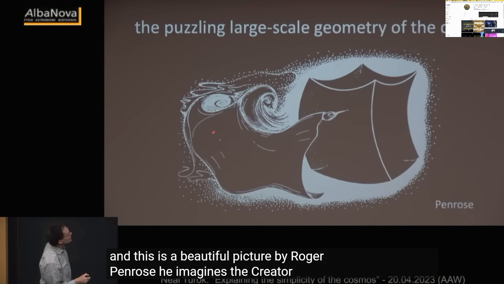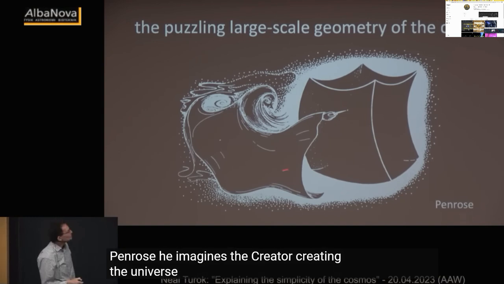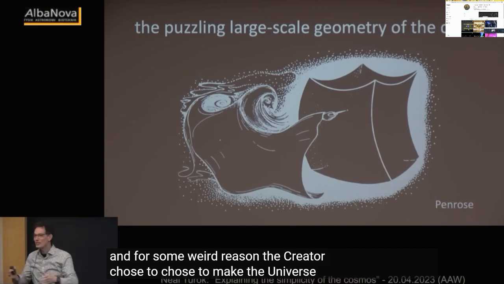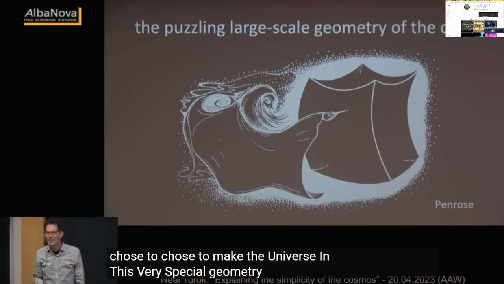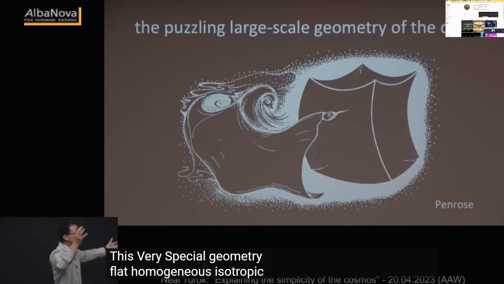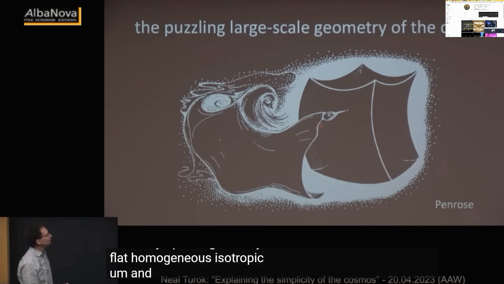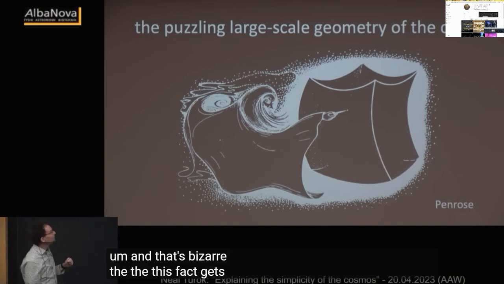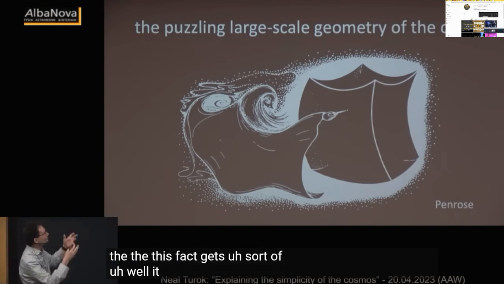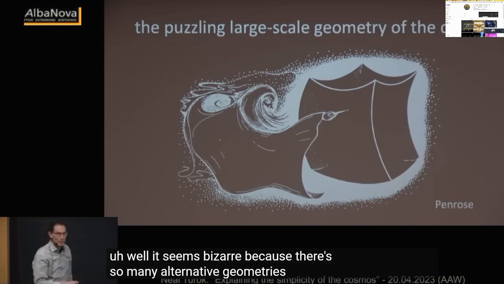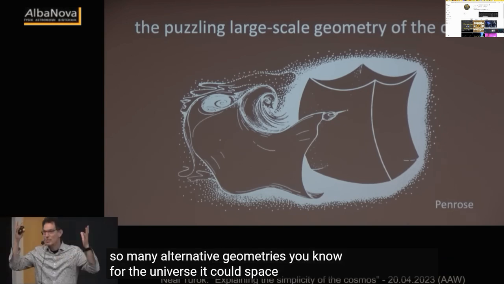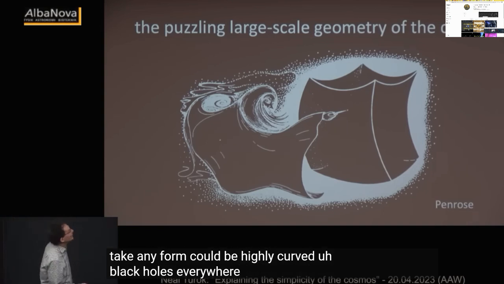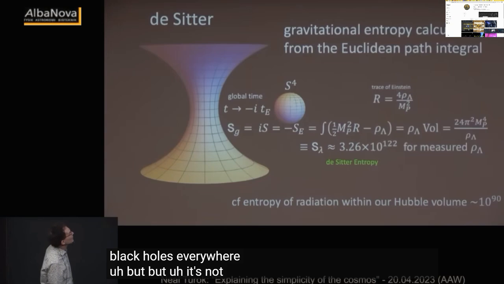He imagines the creator creating the universe, and for some weird reason, the creator chose to make the universe in this very special geometry. Flat, homogeneous, isotropic, and that's bizarre. It seems bizarre because there are so many alternative geometries for the universe. Space could take any form, could be highly curved, black holes everywhere, but it's not.